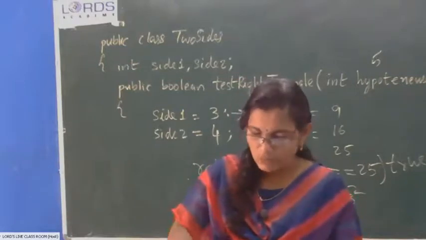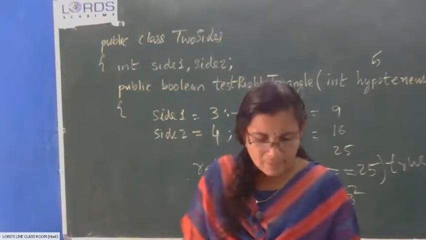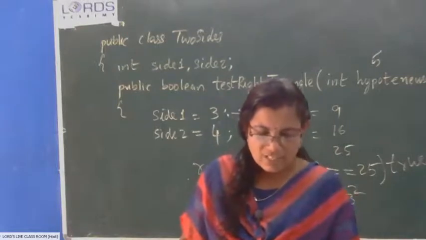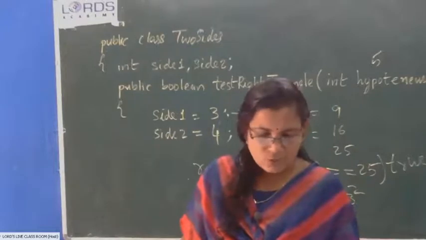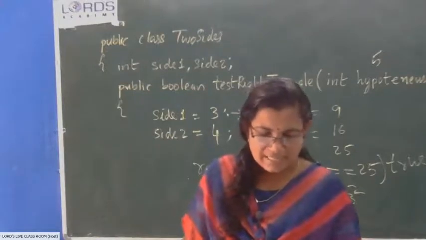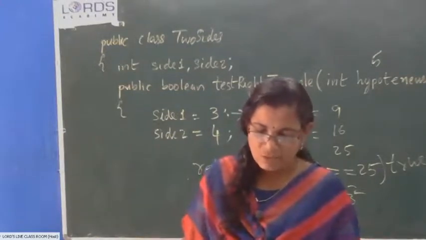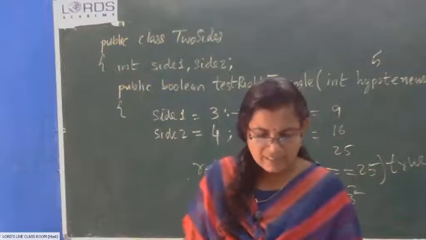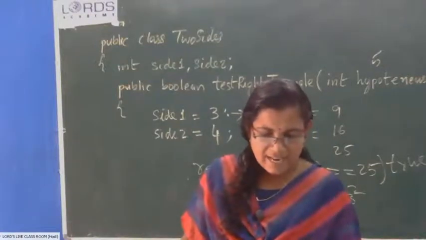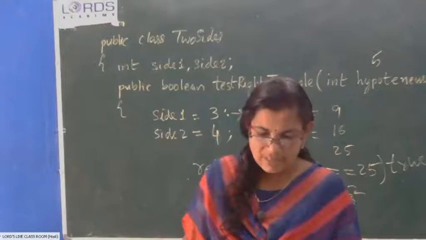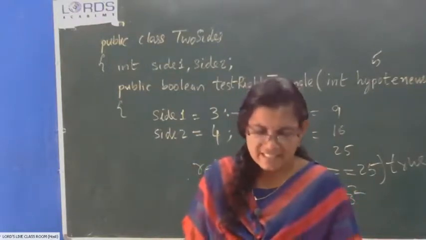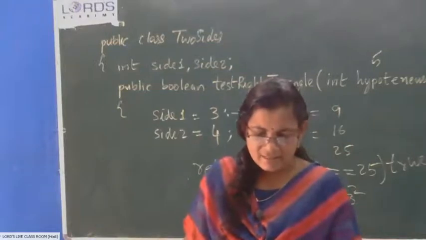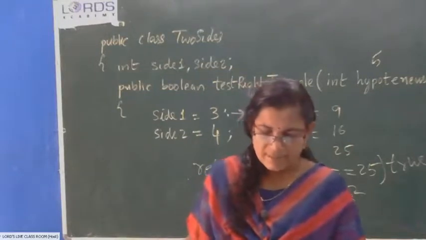Okay, so let me go through that explanation and wind up. This example code checks if we have a right angle triangle. The class contains two short sides of the triangle and we pass the long side, hypotenuse. We apply the Pythagorean theorem. Side 1, side 2 are instance variables, variables declared at the beginning of the class, and all the methods can access these two variables.